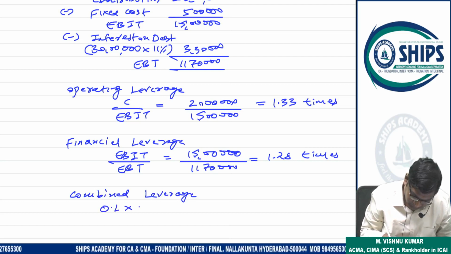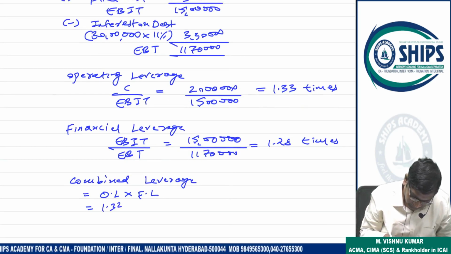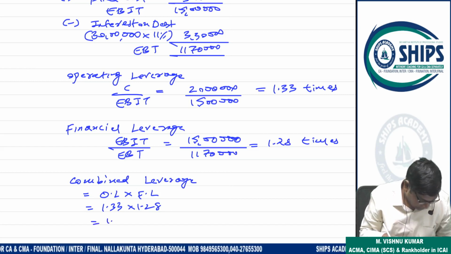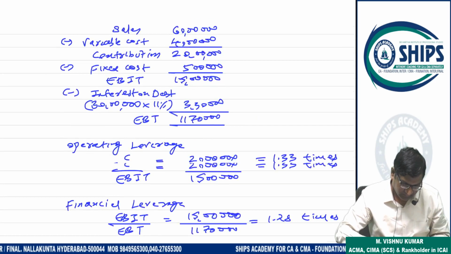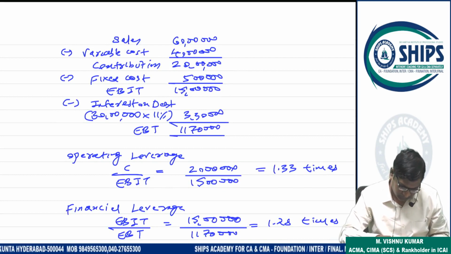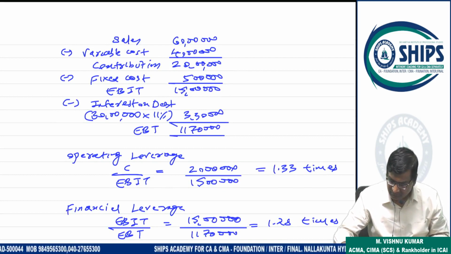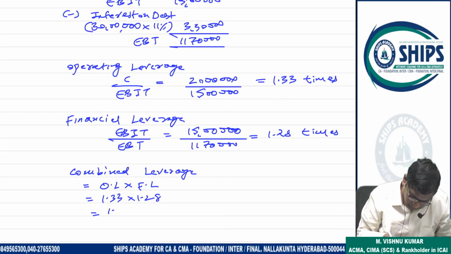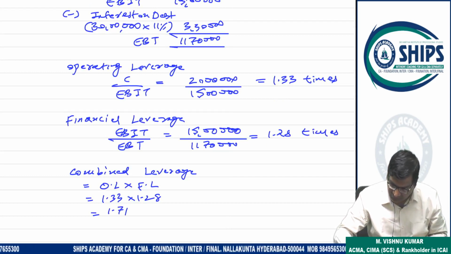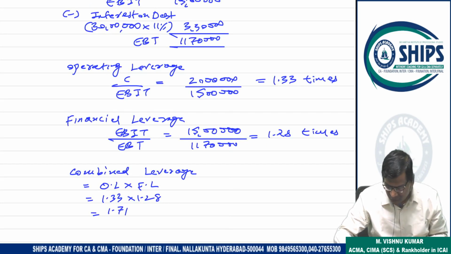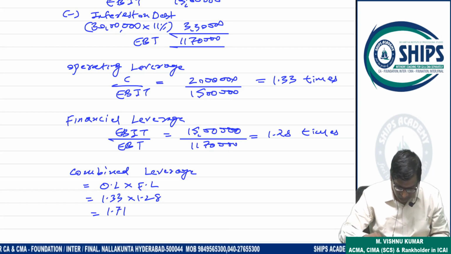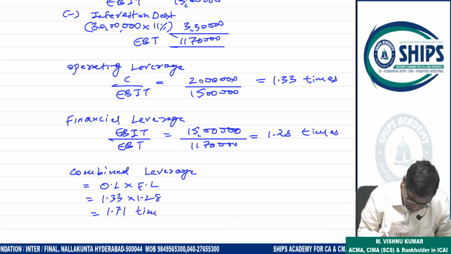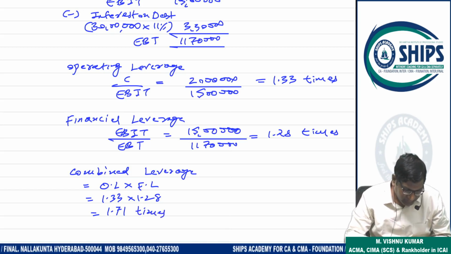Combined leverage. 1.71. 1.71 ही आ रहा ना? Okay. This is question number 10.